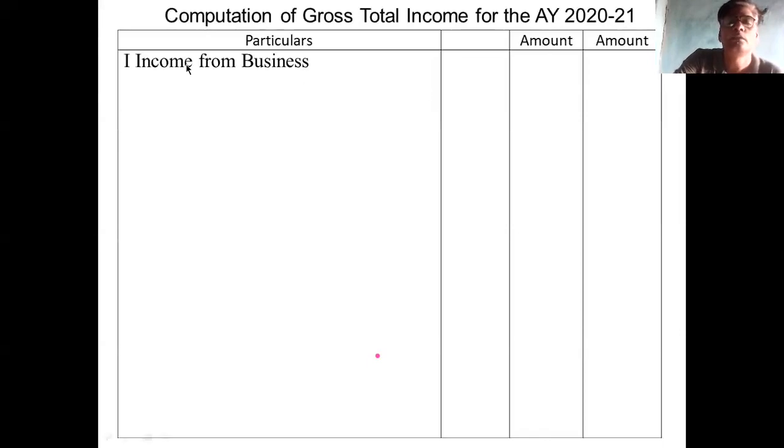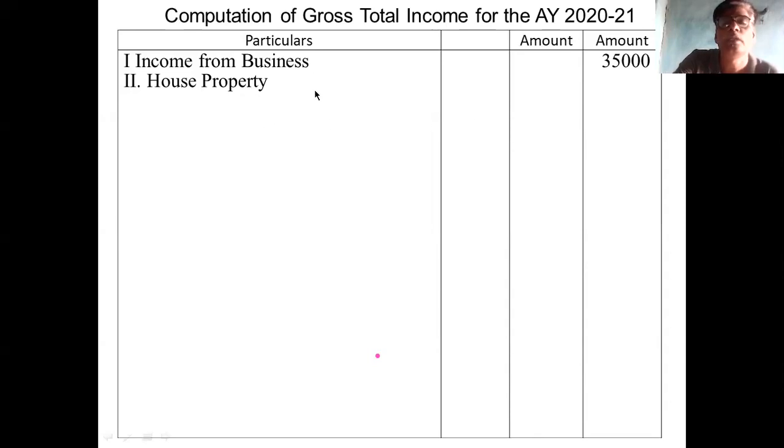First head is income from business. Next I will take the house property. First you take house property, then you take the business. I placed the items wrongly. In serial order, you write the house property first.